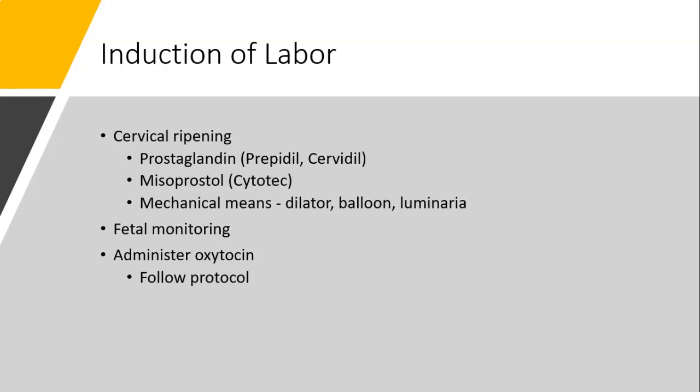They are most beneficial when the Bishop score is greater than 6. However, they are commonly used when it is less than 4. Those patients you may need to follow a little more closely for complications from a nursing perspective, making sure that baby is still healthy and that mom is tolerating the process.